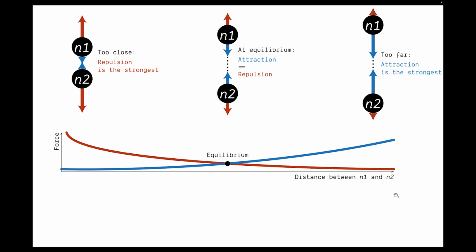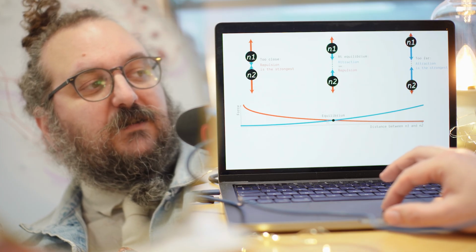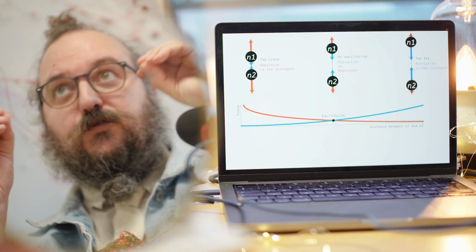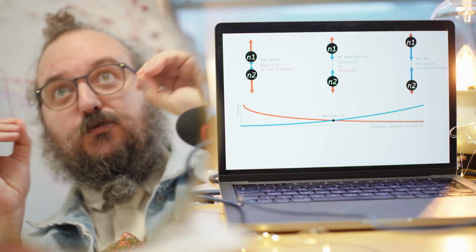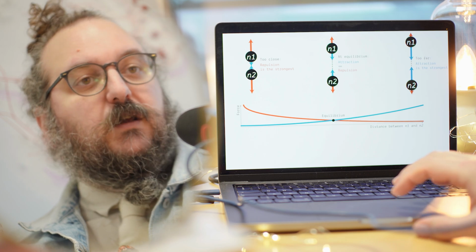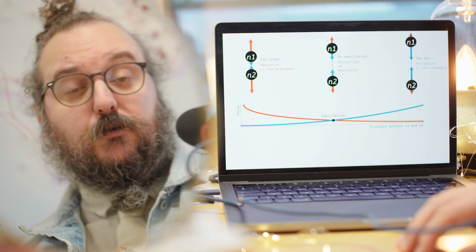On the other hand, if they are very distant, the attraction, like the spring, will be strong and the repulsion will be weak. Because those two forces have to cross each other at some point, it is basically guaranteed that there is an equilibrium. There is a balanced state where the two nodes should find the optimal position where the two forces balance each other. That's the principle in the layout algorithm.